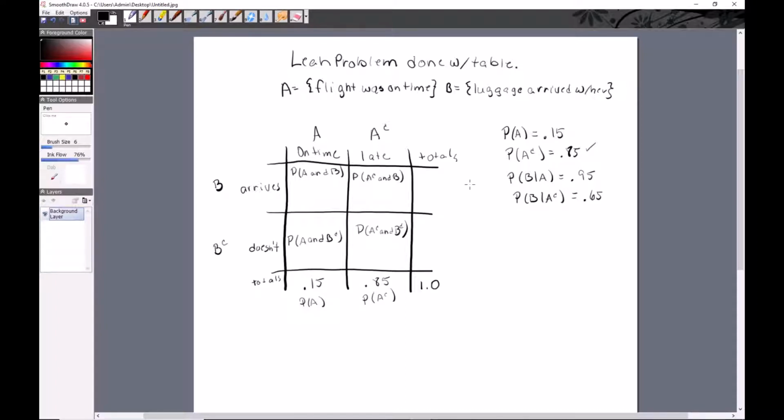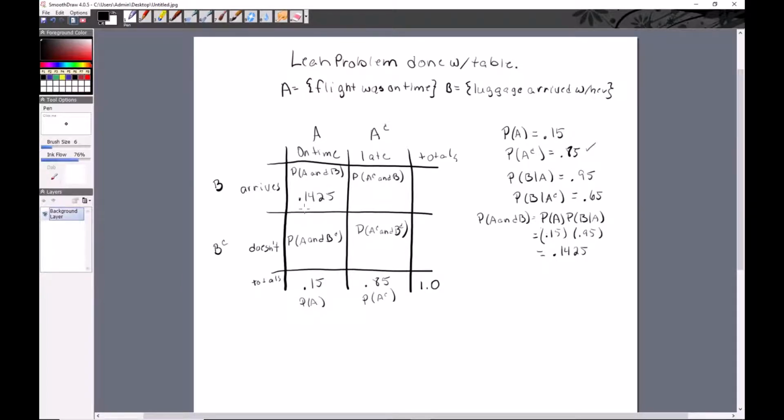Let's start out with the probability of A and B. According to the general multiplication rule, it is the probability of A times the probability of B given A. We know the probability of A is 0.15, and the conditional probability of B given A is 0.95. That multiplies to 0.1425, so that goes right here.